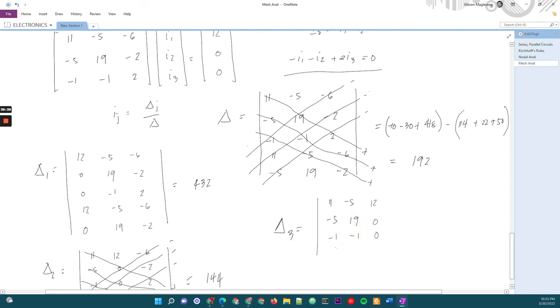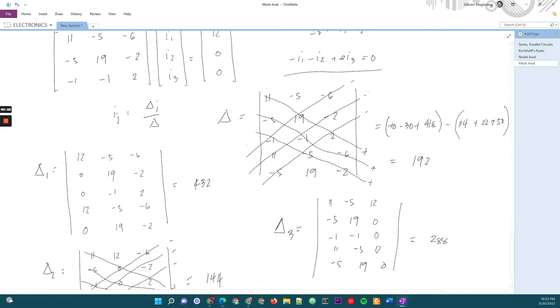You copy the first two row, 11, negative 5, 12, then we have negative 5, 19, 0. Get the determinant, you should be able to get this value, 288.